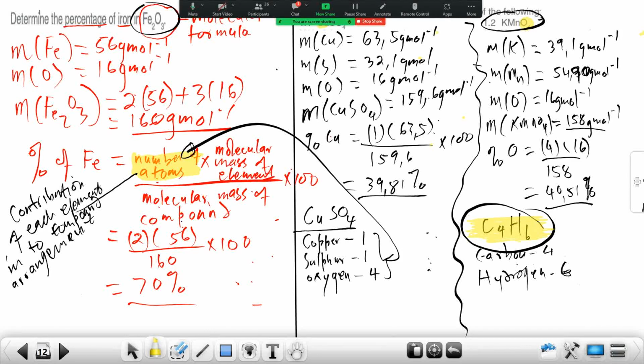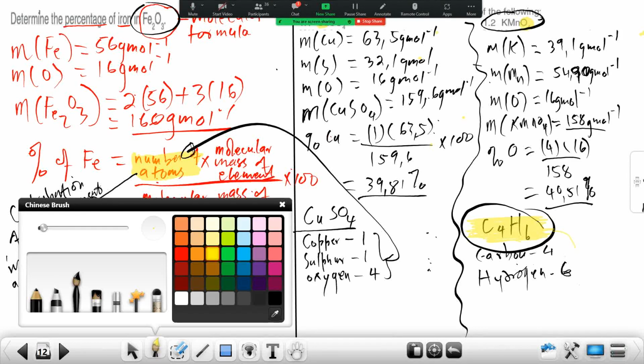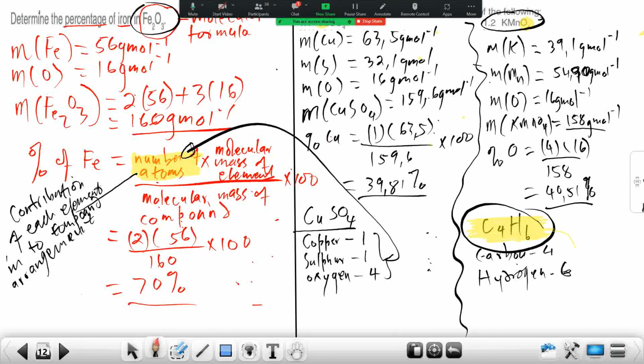C4H6. I'm going to pose two questions. I will write it in yellow, but this yellow is not nice. Let's write it in red. The first question is: calculate the number of atoms.